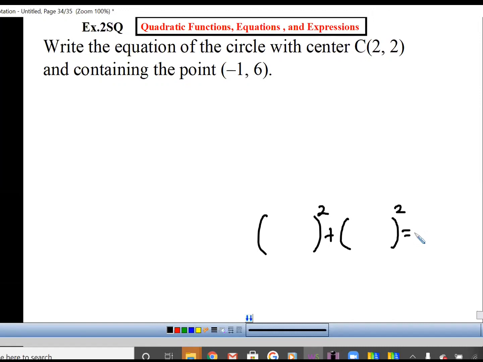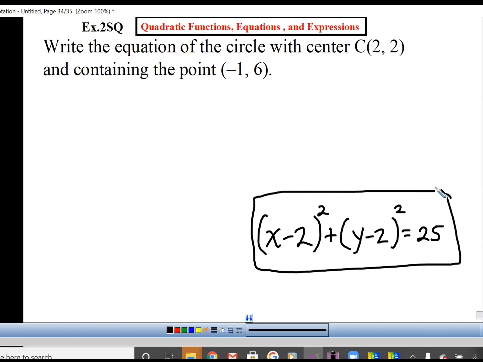Alyssa, help him out. I got parentheses x minus 2 squared plus y minus 2 squared equals 25. Yeah, 25. Hands up if you got that. That is correct. All right, let's move on.